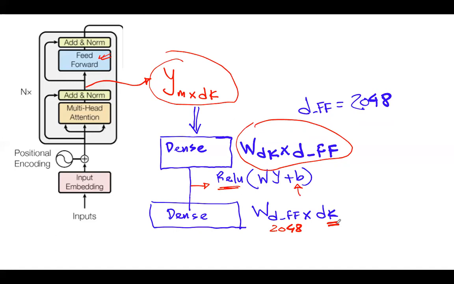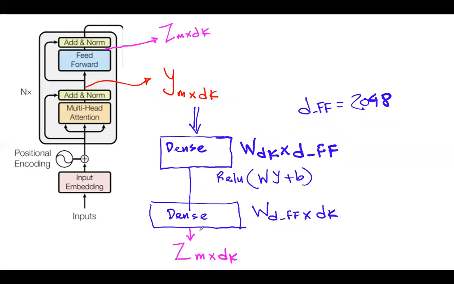So it's kind of expanding the feature dimension and then compressing it back to our good old dk dimension, right? So finally, after passing through this feed-forward neural network, we have a Z. Z is the output coming right over here. That's the Z, output of the feed-forward network. And the dimension of Z would be, once again, M times dk. dk is the dimension of the feature vector of our original input data, right?